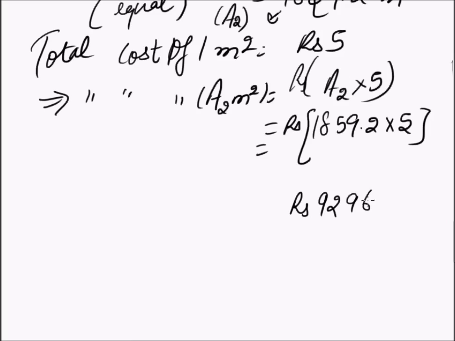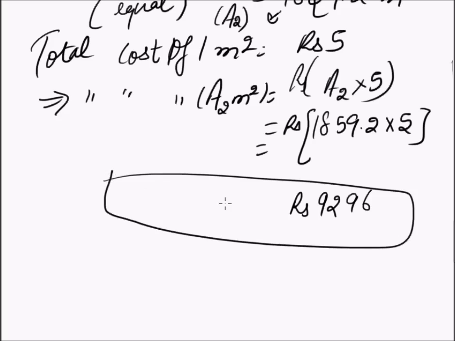So friends, to level the 6 portions of such barren land in the circular field, we will require 9296 rupees. So friends, these were some questions on sector and segment.